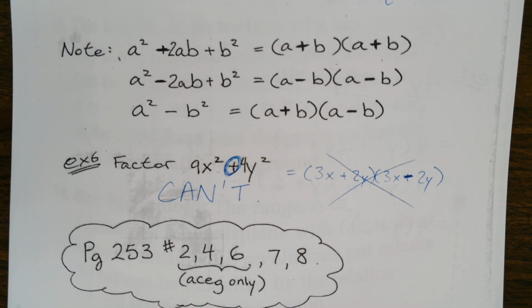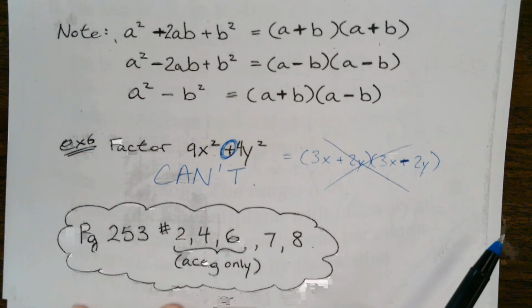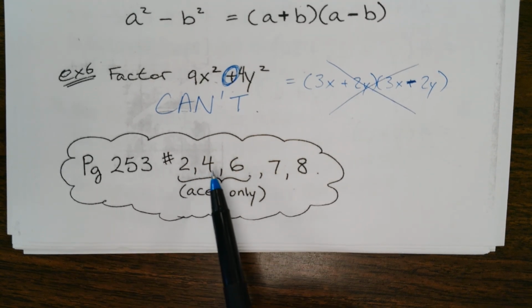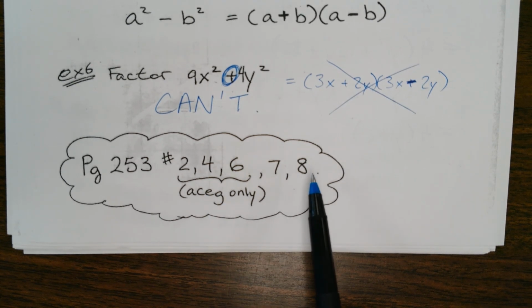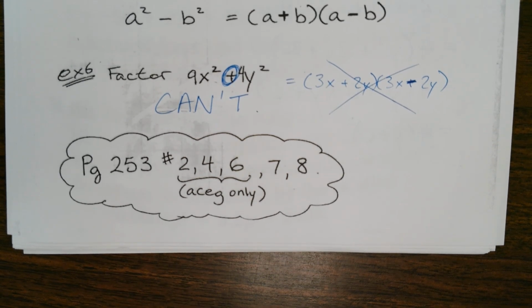Okay, so nice and easy lesson today. 14 minutes. Try these ones right here. Questions 2, 4, 6, A, C, E, G only, and then number 7 and 8. Answers are attached. What was today's lesson called? Yeah, perfect square.